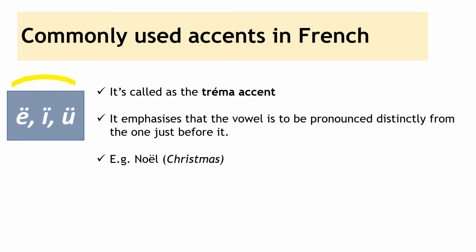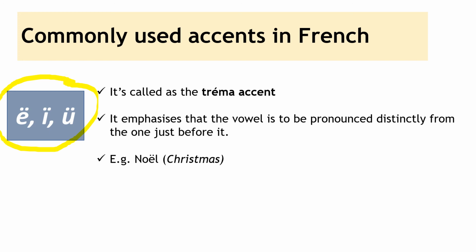The tréma accent. And it is mostly used, say, with vowels E, I, and U. Now, what does it do? It emphasizes that the vowel is to be pronounced distinctly from the one just before it, right?